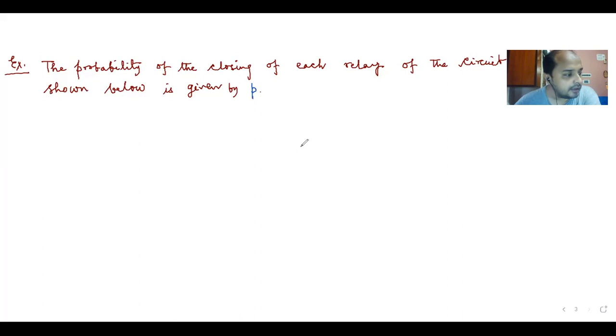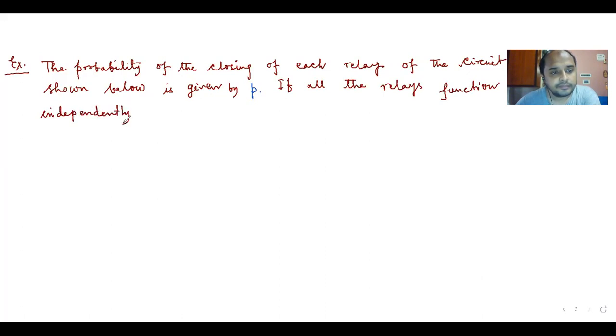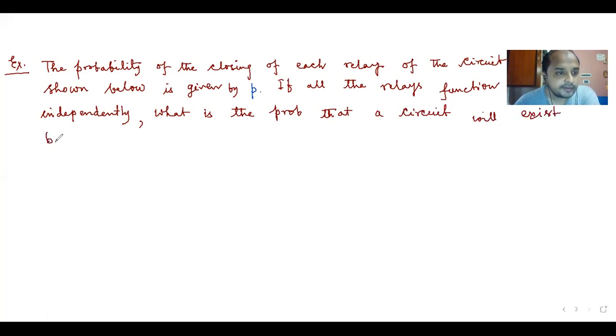If all the relays function independently, what is the probability that a circuit will exist between the terminals L and R? Let me draw the circuit for you.